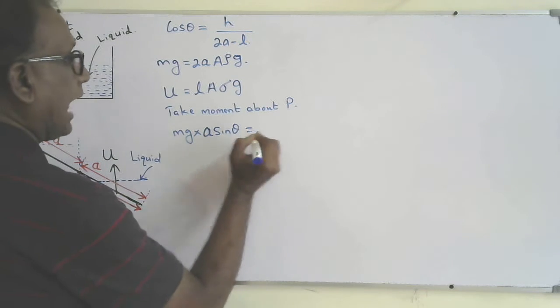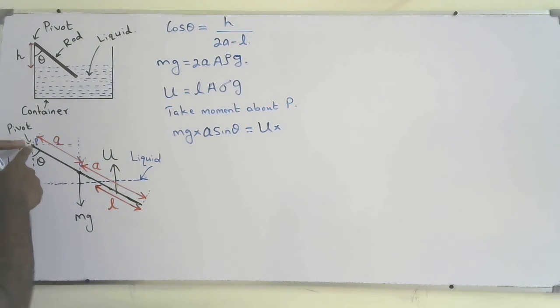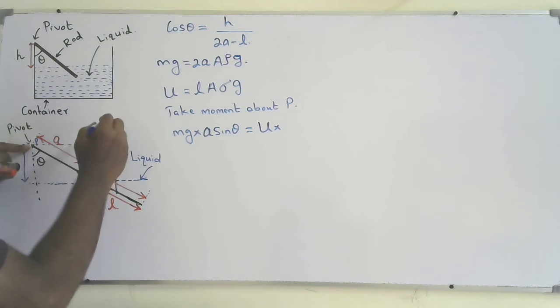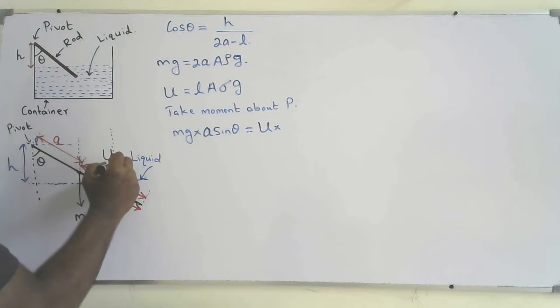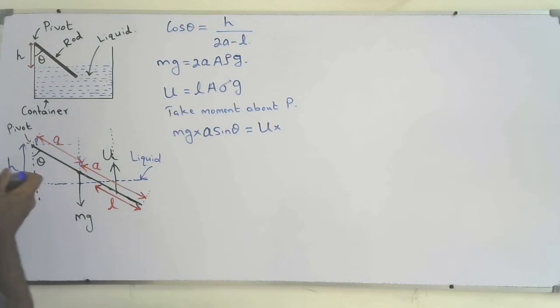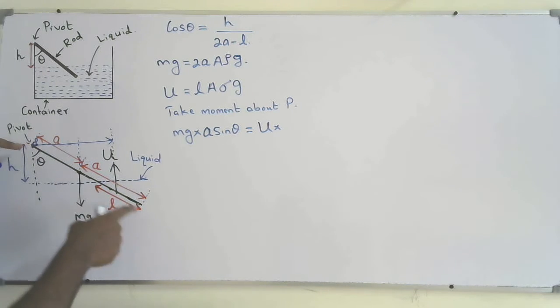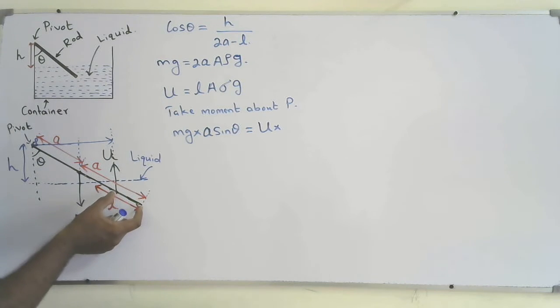That must be equal to the anti-clockwise moment: upthrust times the distance of the line of action of the upthrust from the pivot. The upthrust is acting along this line, the line of action of the upthrust. I need to find this distance from the pivot. How to find it? The total length is 2a, and this is L by 2.